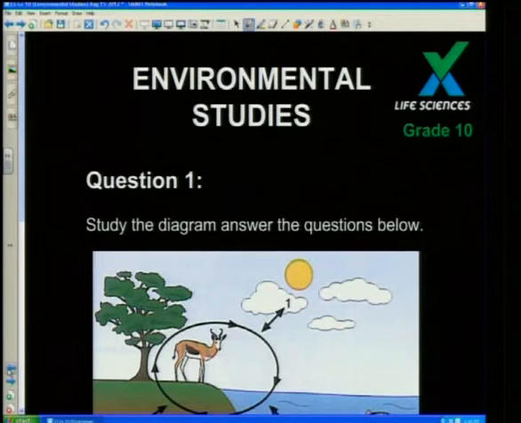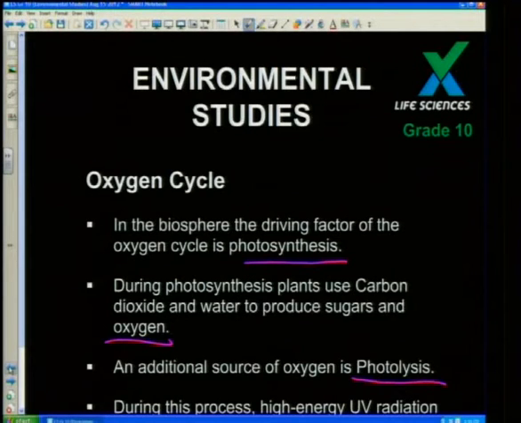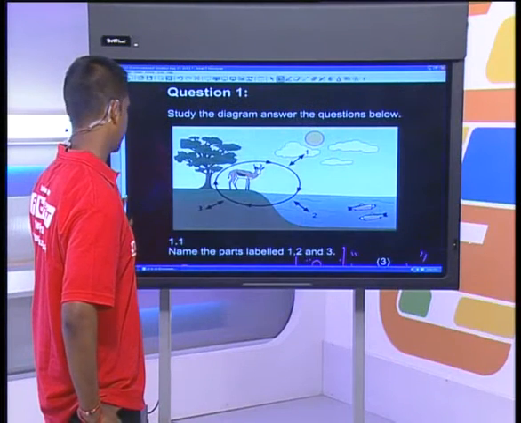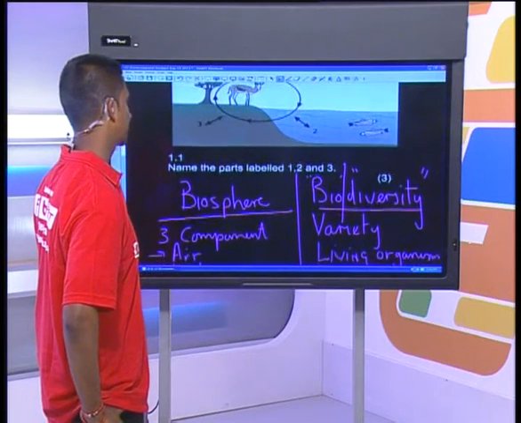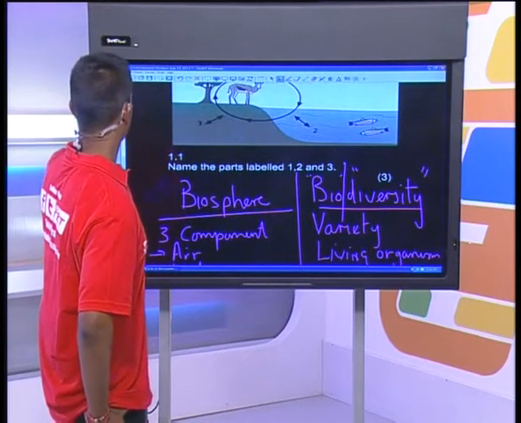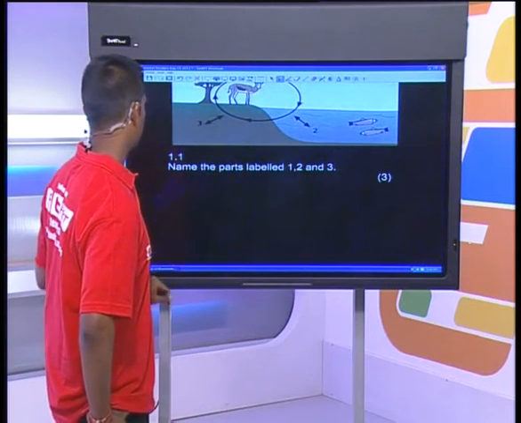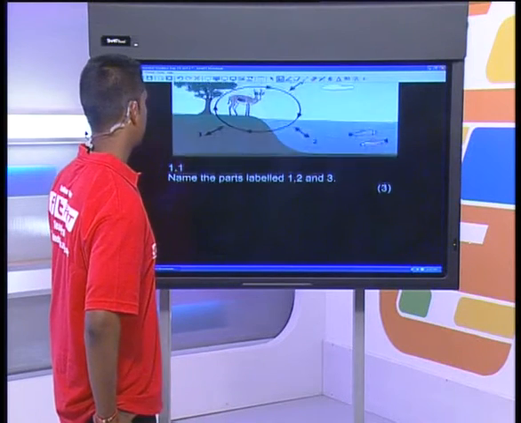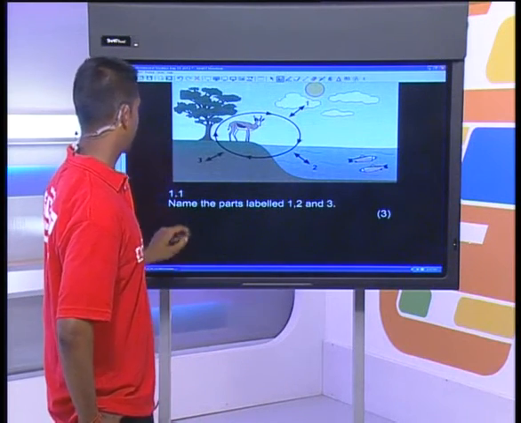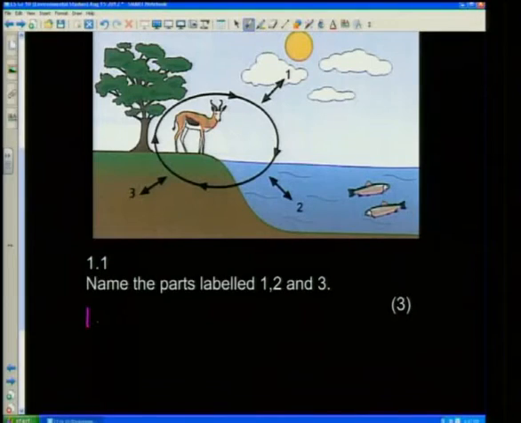Okay, we're going to go back. I'm going to take that question. Okay, I've messed up on this question here. Name the parts. Okay, right. So name the parts labeled number 1, 2, and 3. Number 1 points to the atmosphere.